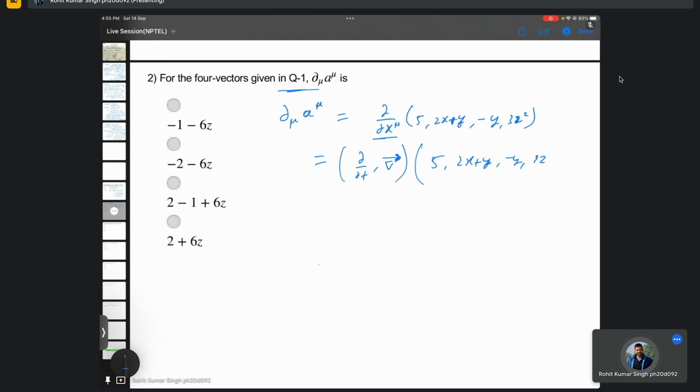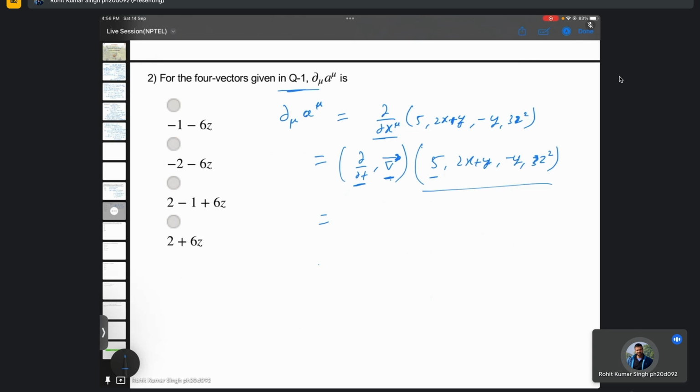So since none of these components are functions of time, this one operated on the whole vector gives you 0. So what basically remains is applying the spatial part on this vector. On the first component, since it's constant, it will give 0.